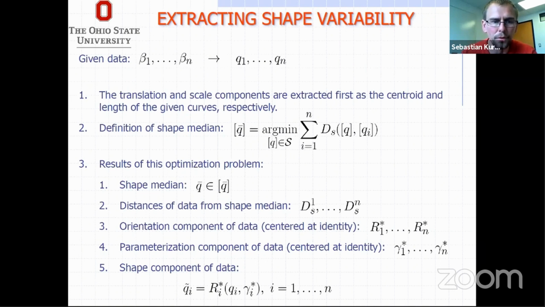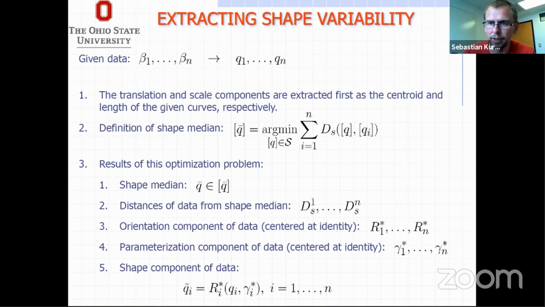We can also compute all distances of our data from the shape median. So these are denoted by ds1 to dsn. We can extract the orientation component. So when we compute this shape distance of the data to the median, we have to go through this alignment procedure, right?